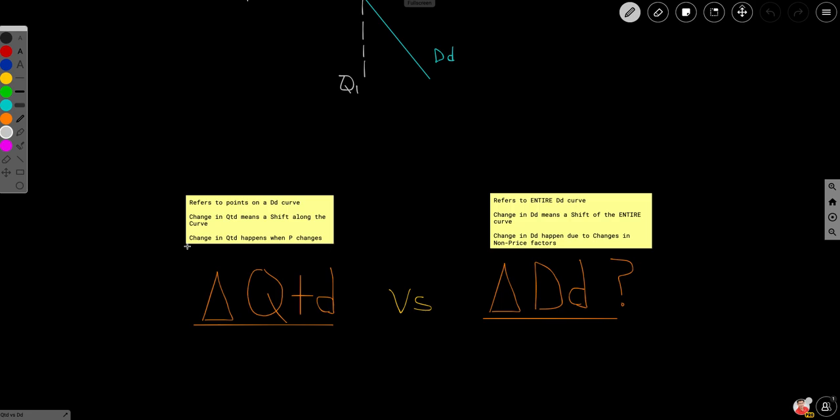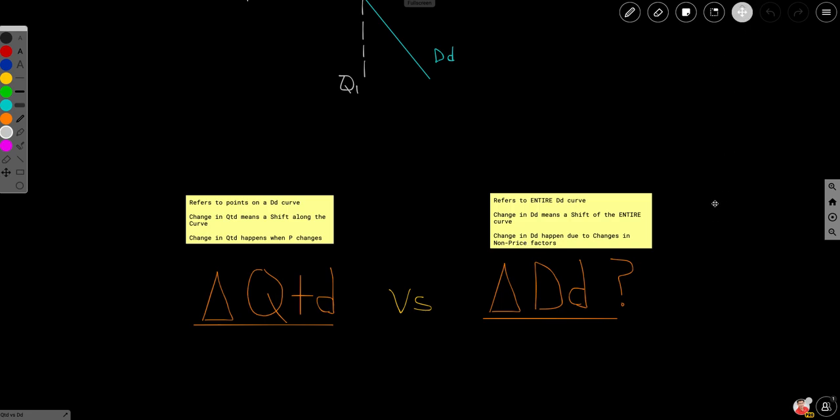So a price change leads to a change in quantity demanded, whereas changes in non-price factors are what will cause changes in demand, the entire demand curve shifting. So point, entire curve; shift along the curve, shift of the entire curve; price change, change in non-price factors.